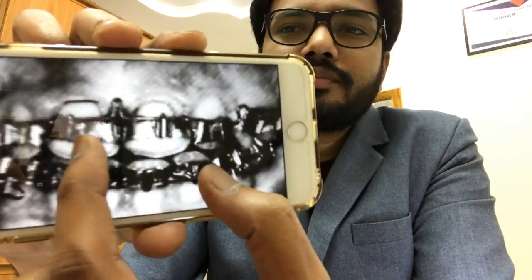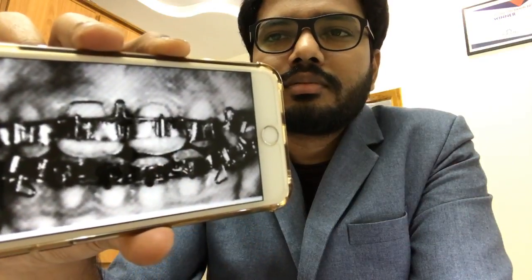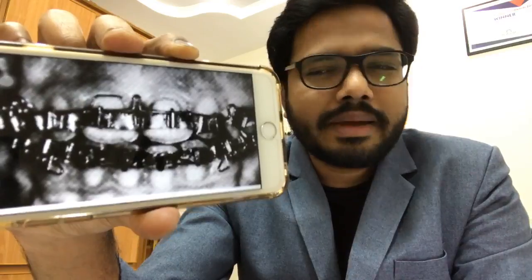Since we have discussed Angle's ribbon arch and edgewise appliance, we'll conclude the same by completing this. So what does the following image represent? Is it E-arch, pin and tube, or edgewise, or Beggs appliance?